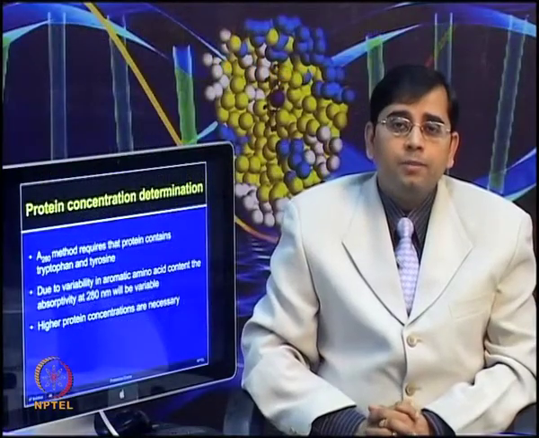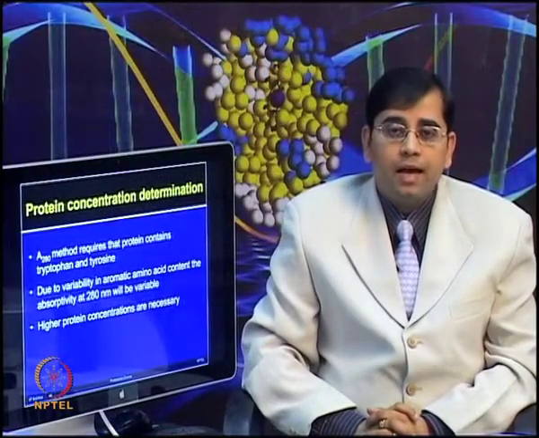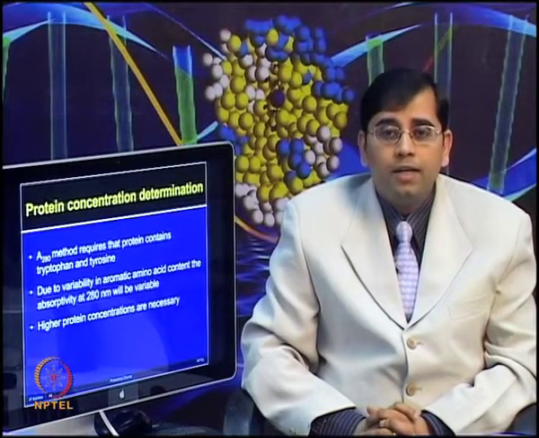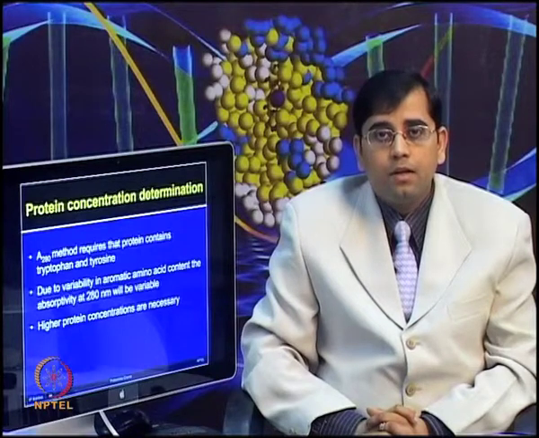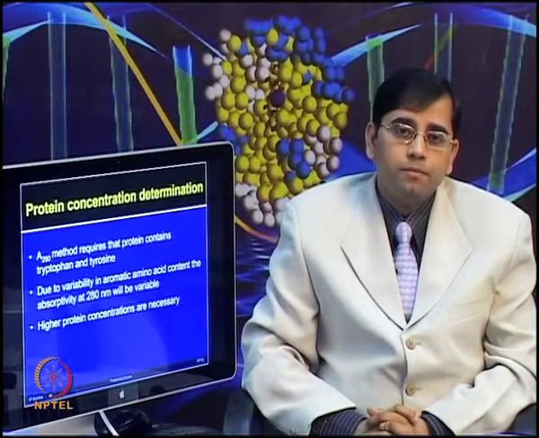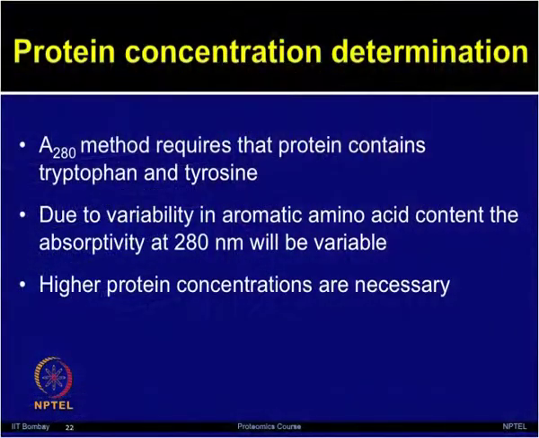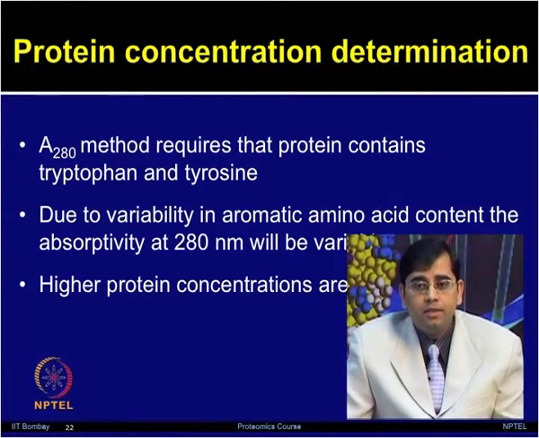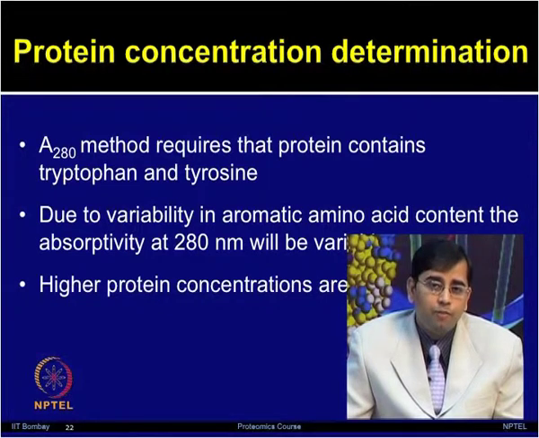So, to determine the protein concentration, the A280 method requires that your protein contains tryptophan and tyrosine aromatic residues. Since protein samples will have variability in overall amino acid content, the absorptivity at 280 nanometers will be a variable factor for this type of method.